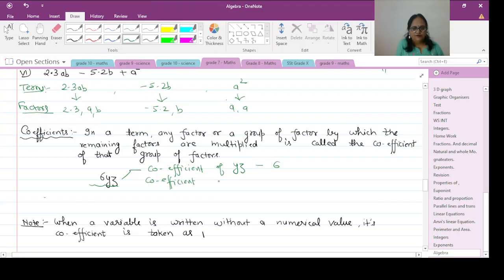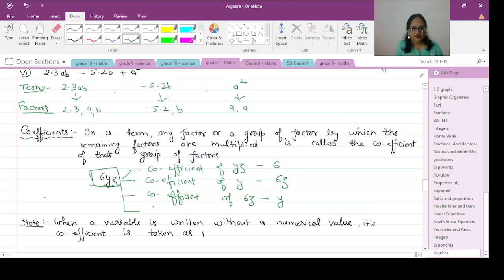Coefficient of y, just hide y. What is left? 6z. ठीक है? Coefficient of 6z, hide 6z from 6yz. 6yz में से अगर आप 6z को हाइड कर देते हो तो you get only y. ठीक है?